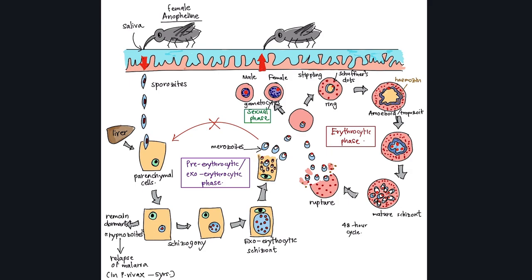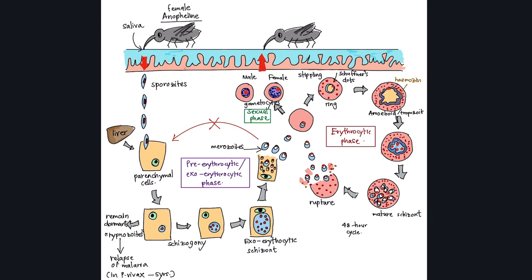After several processes, the nuclei divide into several parts, and the cytoplasm gathers around these nuclei and forms a lot of merozoites inside the liver cell. Now this is called the exoerythrocytic schizont. Then this mature exoerythrocytic schizont ruptures and releases all these merozoites into the circulation.